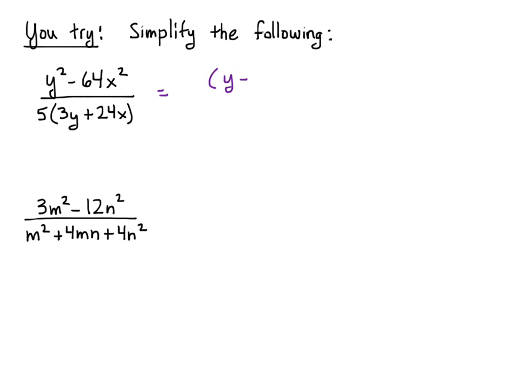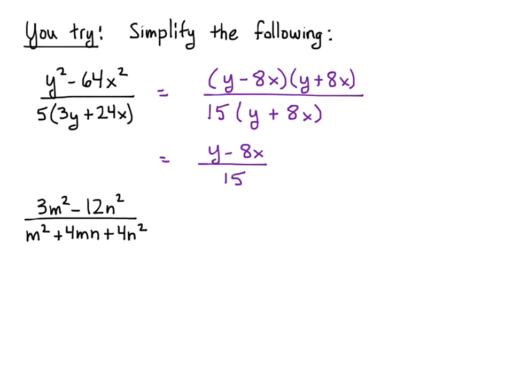Okay, great. So it factors out like this. And so then what we have is the y plus 8x is what gets canceled, and so we just have the y minus 8x in the numerator, and we just have the 15 in the denominator.